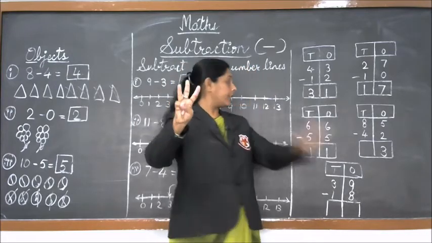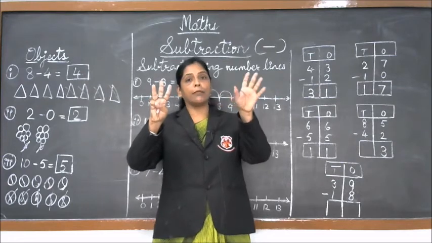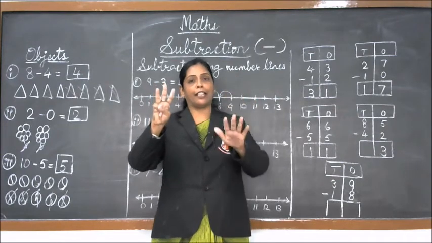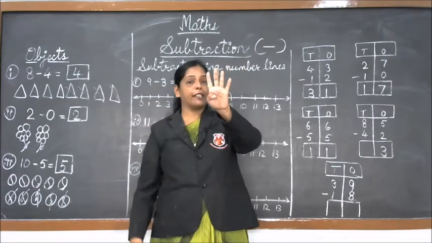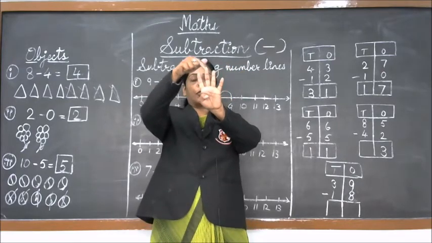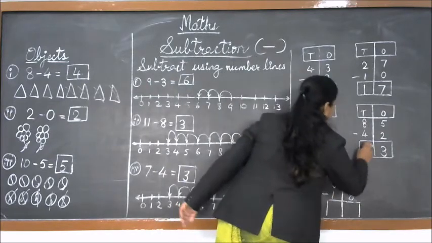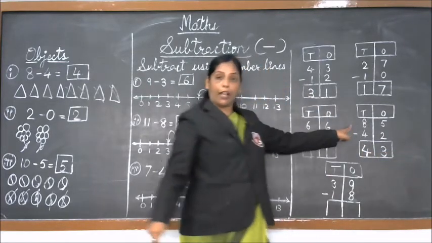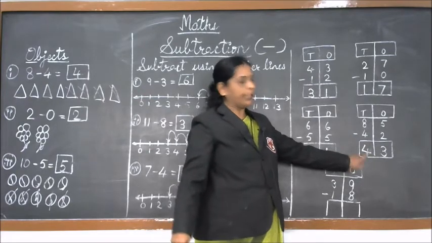Now out of 8, I have to minus 4. I have to remove, reduce, subtract 4 from 8. 1, 2, 3, 4. How many are remaining, beta? 1, 2, 3, 4. So 8 minus 4 will give you the total as 4. So 85 minus 42, and my answer is 43.